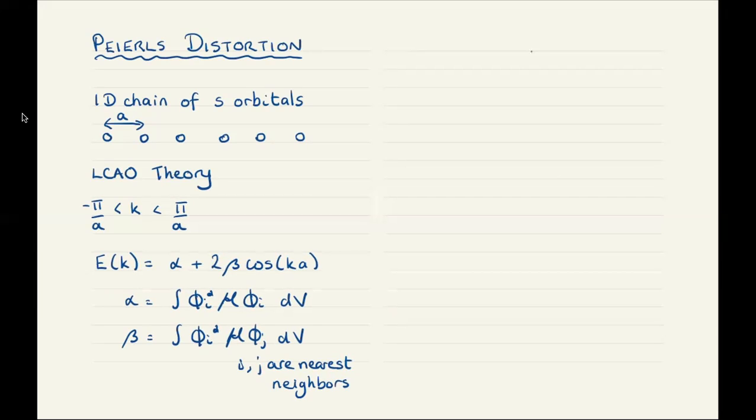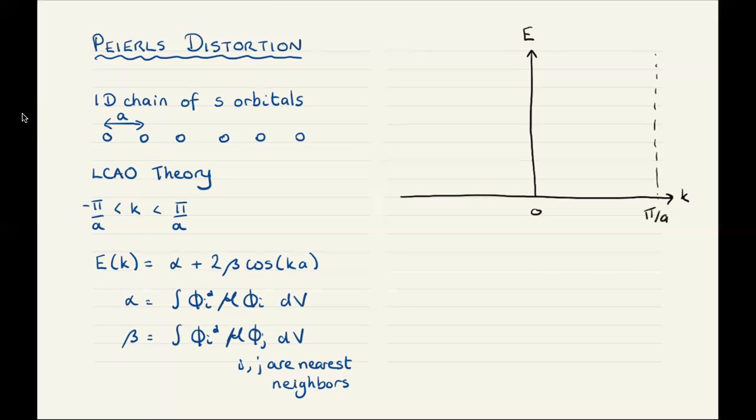And so our band structure, we plot then the energy as a function of k, and k ranges between pi over a and minus pi over a.